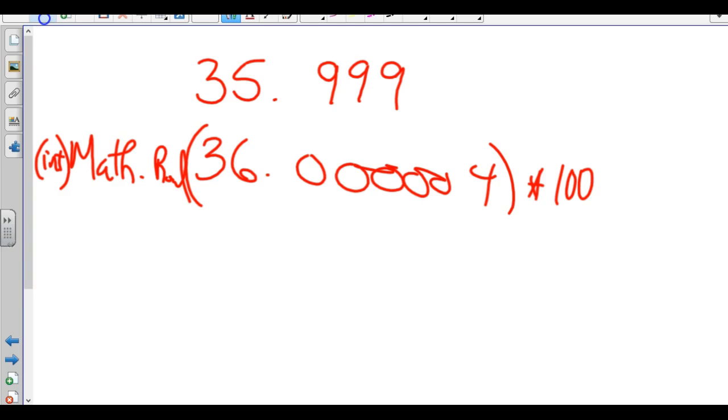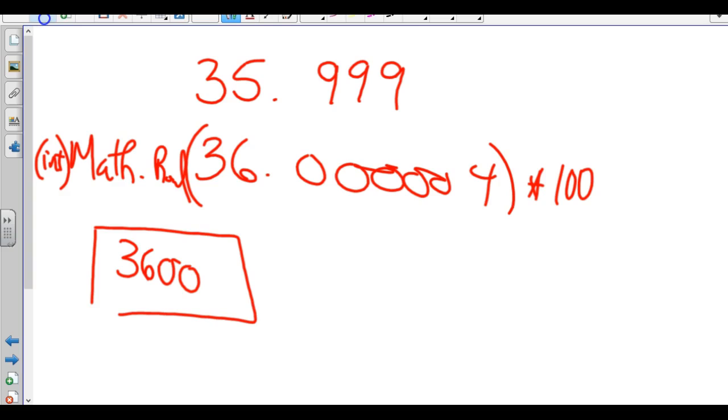So we have to make sure we no longer represent this as a double. So what we have stored in memory now when we do this is 3,600. Not 0.0, just 3,600. It's an int. Any calculations we do on this now must involve integer calculations. Integer division. All of that.